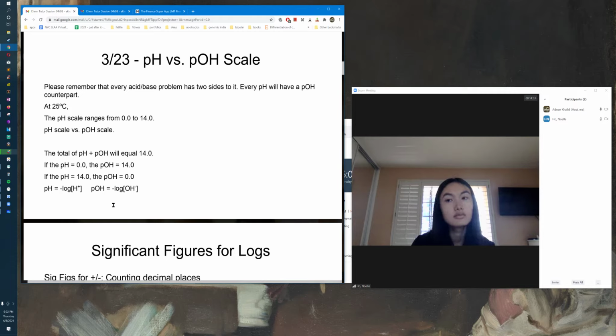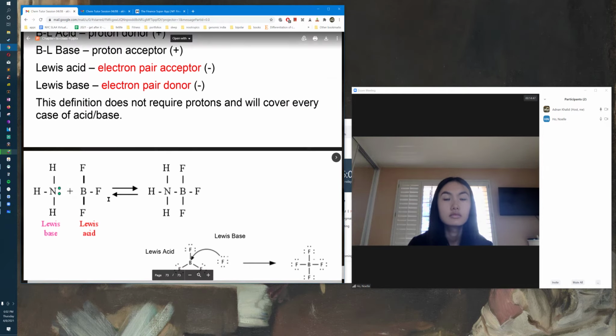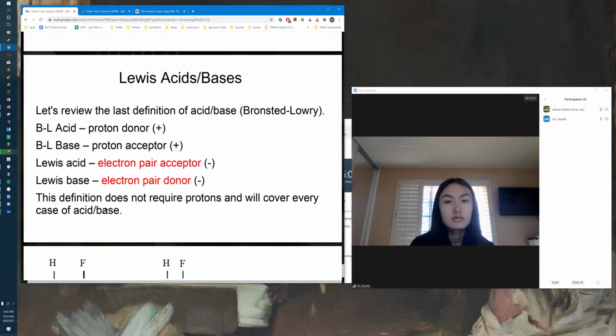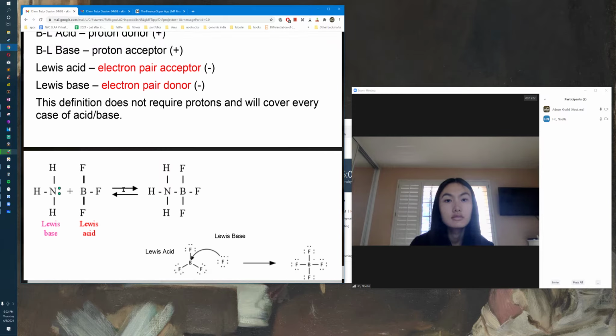And the Lewis base and acid definition is the base is a lone pair donor, and the acid is a lone pair acceptor. So the Lewis definition doesn't need to have any protons or H plus. So it's a lot more applicable for later on, like if you do organic chemistry. But that's basically what a Lewis base and acid is.